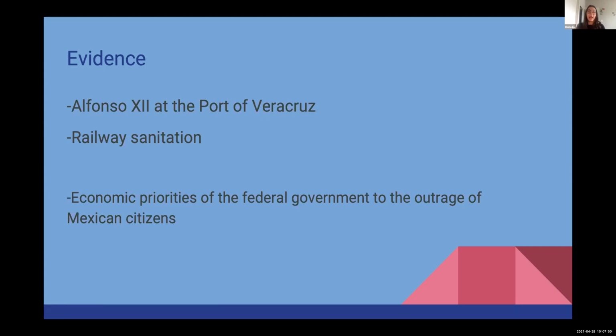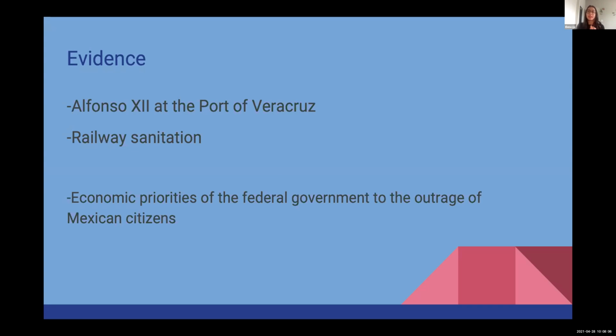That caused a lot of outrage, obviously, because they were interacting with healthy people on these vessels, and that is really what is thought to have caused the quick spread of the Spanish flu throughout Mexico, particularly as it pertains to the railway system.